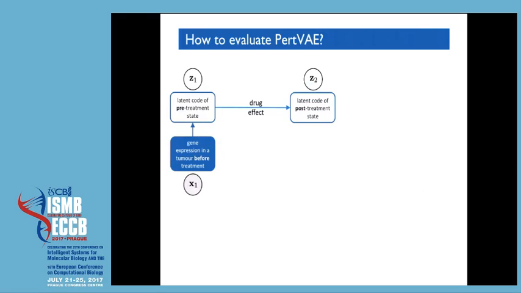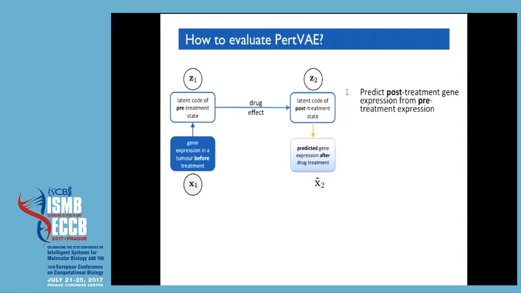So how do we evaluate, when we fit this model to predict the post-treatment state, that it's doing something reasonable? The way we decided to do that is that we run this posterior of Z2 given X1, and then decode it to the data space into gene expression.